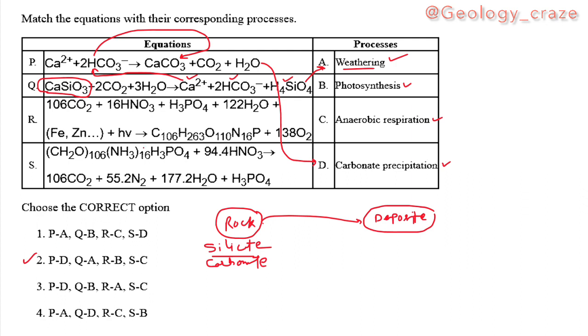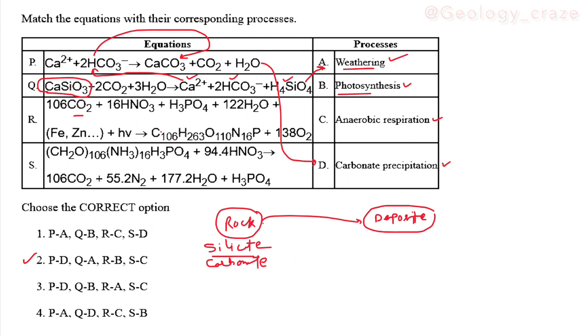the second one. And photosynthesis: when CO2, carbon dioxide, nitrogen, phosphorus, water, and elements like iron and zinc combine with sunlight, we get glucose.